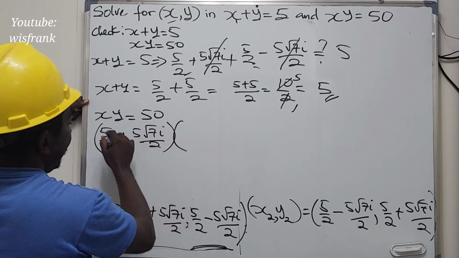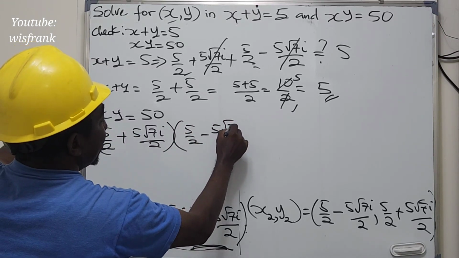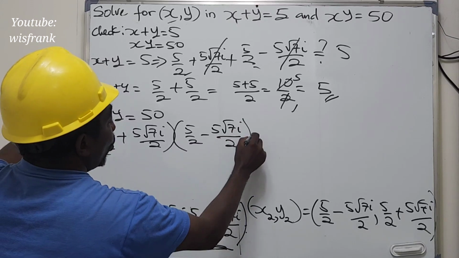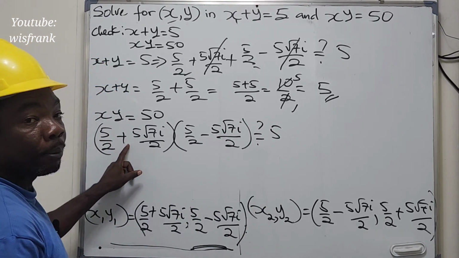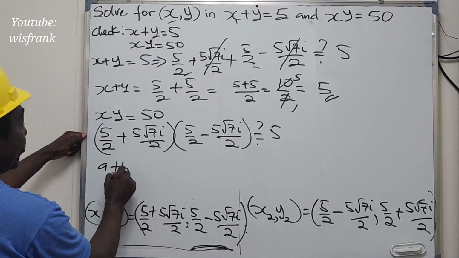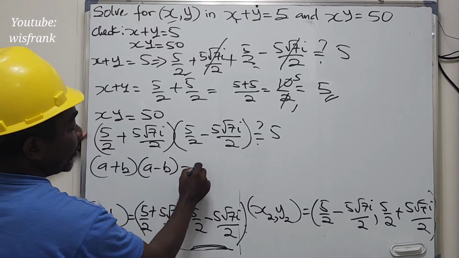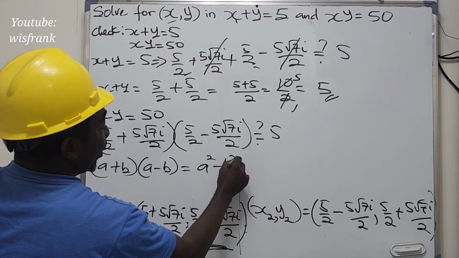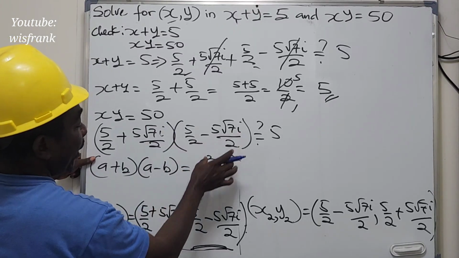Then we multiply by y, which is 5 all over 2 minus 5 root 7i all over 2. Will this equal 50? You can see that we have plus and minus here. It is in the form (a plus b) times (a minus b). This is the same thing as difference of two squares. So now we can rewrite the whole of this as this.